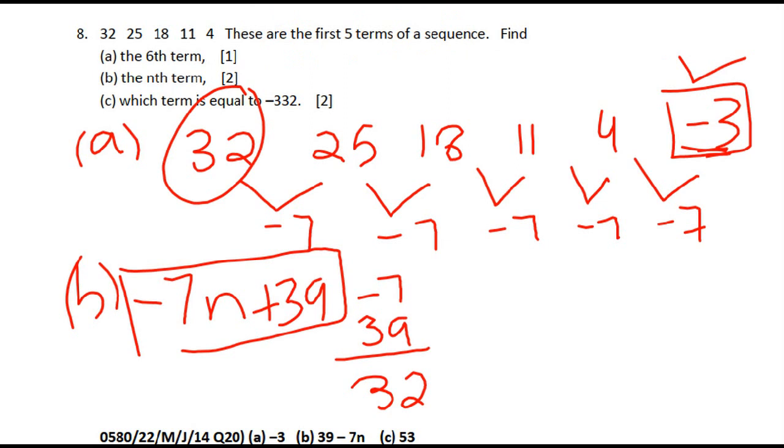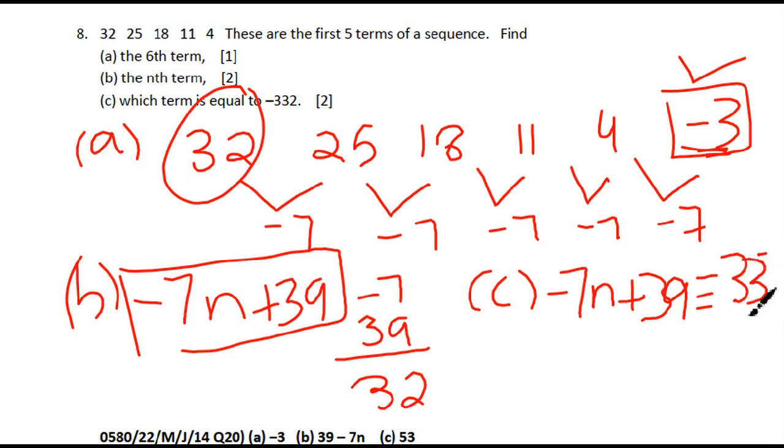Alright, part C. Which term is minus 332? Which value of n is equal to minus 332? So you write the formula: minus 7n plus 39 equals minus 332.